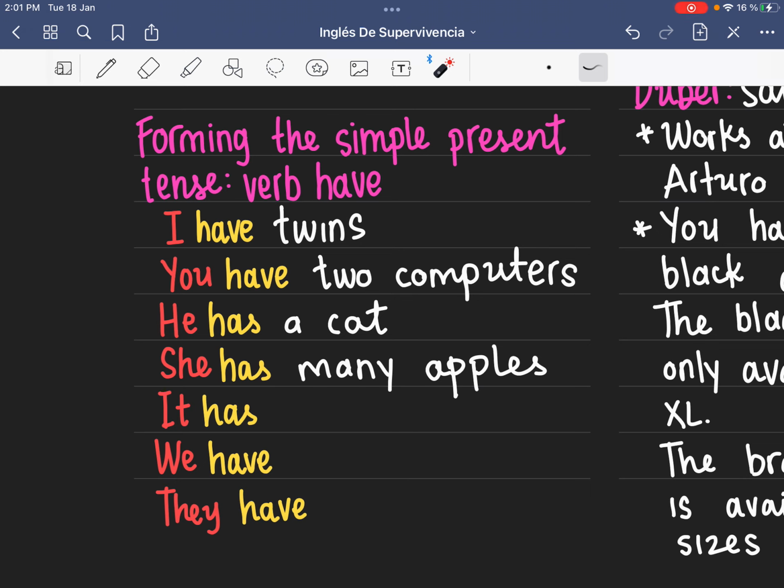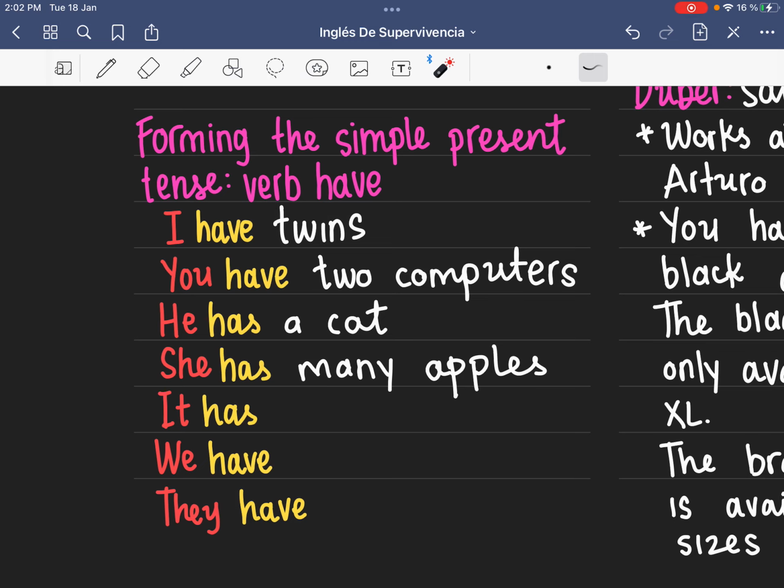So, how do we know which form of the verb to use? Debemos memorizar el verbo usado para cada uno de los sujetos en cada uno de los tiempos verbales. So, how do we know which one to use? We memorize which conjugation of the verb to use for each of the subjects in each of the verbal tenses.